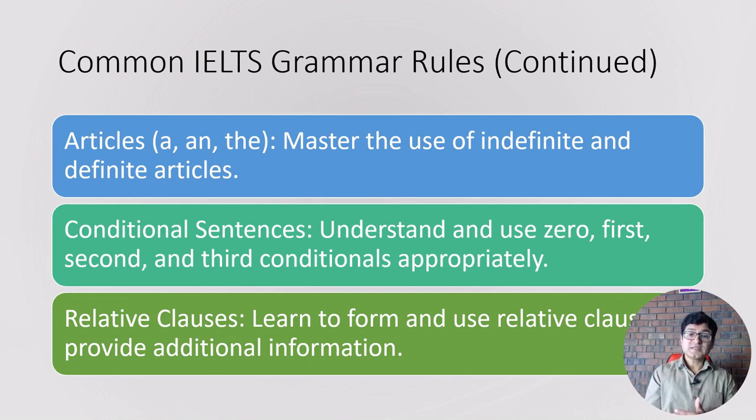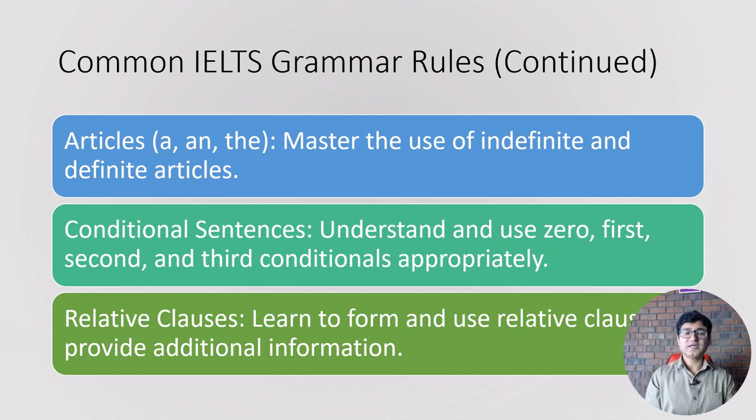Or the third conditional, which is used for hypothetical situations in the past. For example, if she had studied harder, she would have passed the exam. So learn these different types of conditional sentences, because if you use them, you can demonstrate your grip on grammar, and of course, as a result, you will score a high band in your IELTS exam.